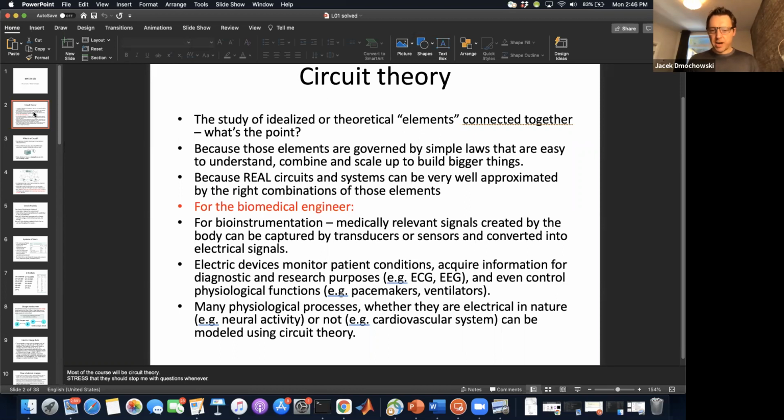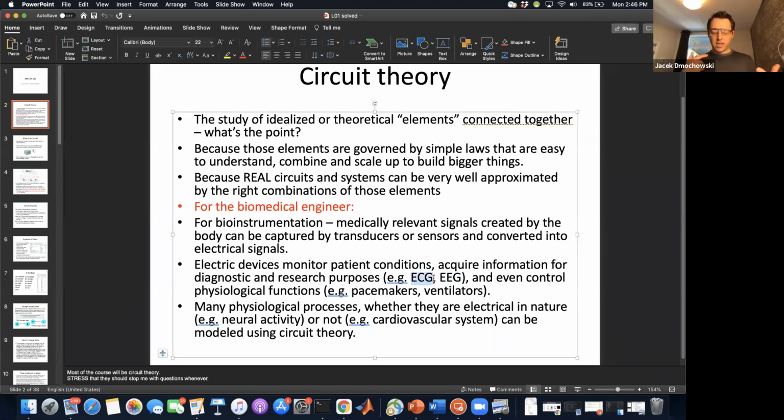Those can be measured either by inserting sensors into the brain via surgery, or non-invasively with something known as EEG, electroencephalography, and ECG stands for electrocardiogram, right?